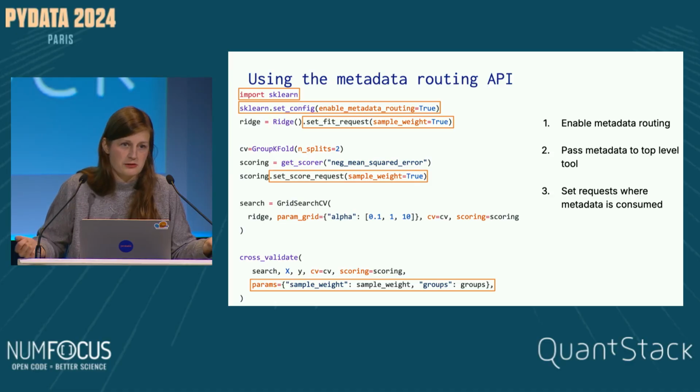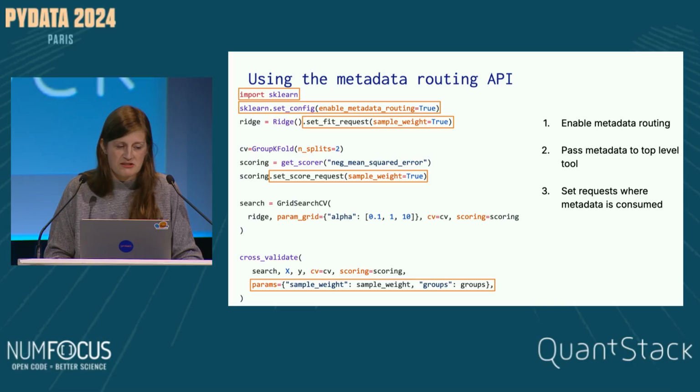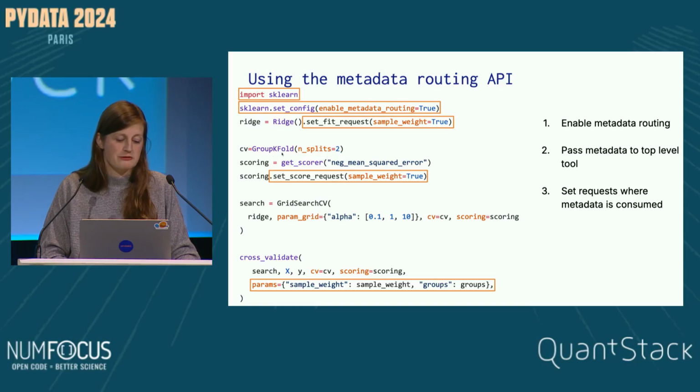Because we might not want to use it there, right now it's very flexible and you could set it to use it or not to use it. And we remember that our GroupKFold splitter uses groups by default, and we couldn't switch this functionality off, so the set_split_request is set by default, so we don't need to set it here.